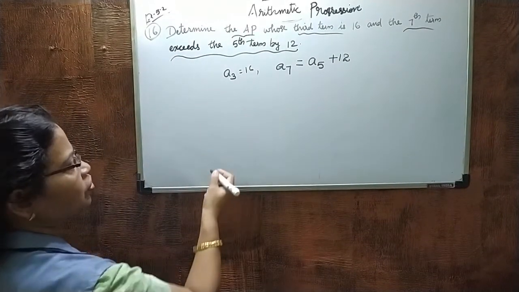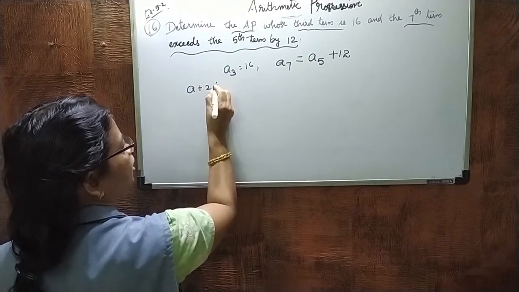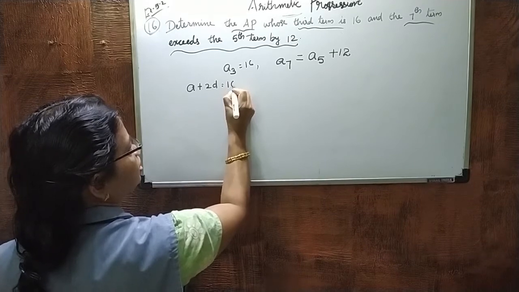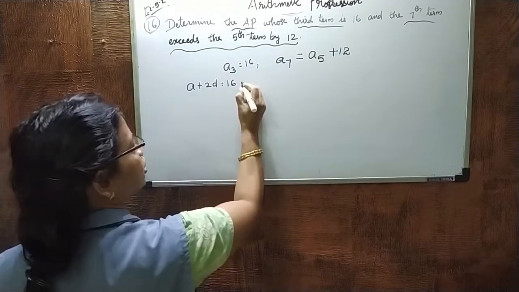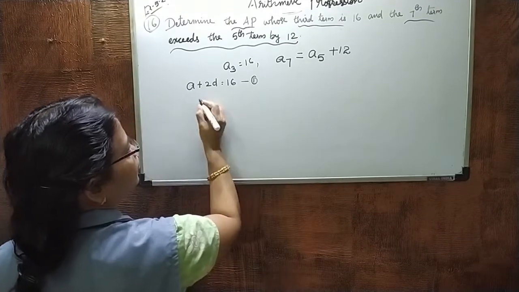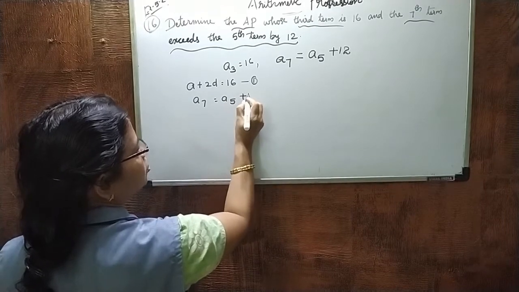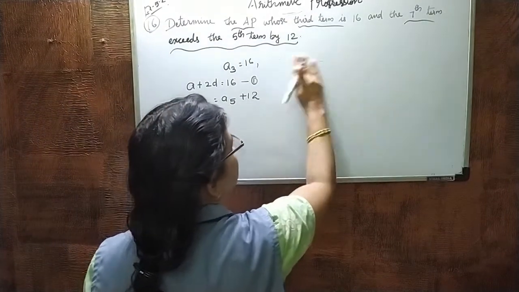Now we will do first. A3 is equal to 16 means A plus 2D equals 16. This will be equation number 1. Now, next, A7 equals A5 plus 12.